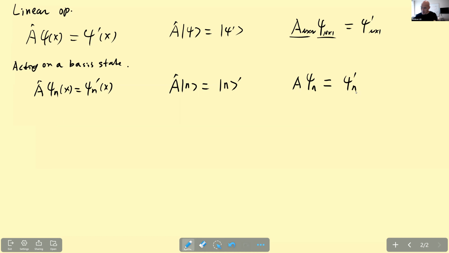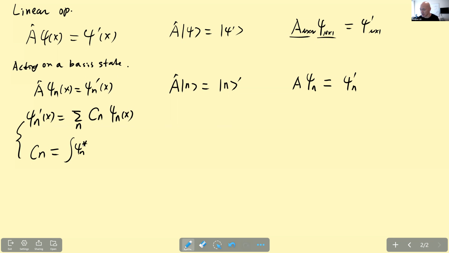All right. But remember, this new state A psi_m can always be written as a superposition with some coefficients, right? And what will be this coefficient? According to what we have learned before, it should equal the integration of psi_n complex conjugate, A psi_m, dx.